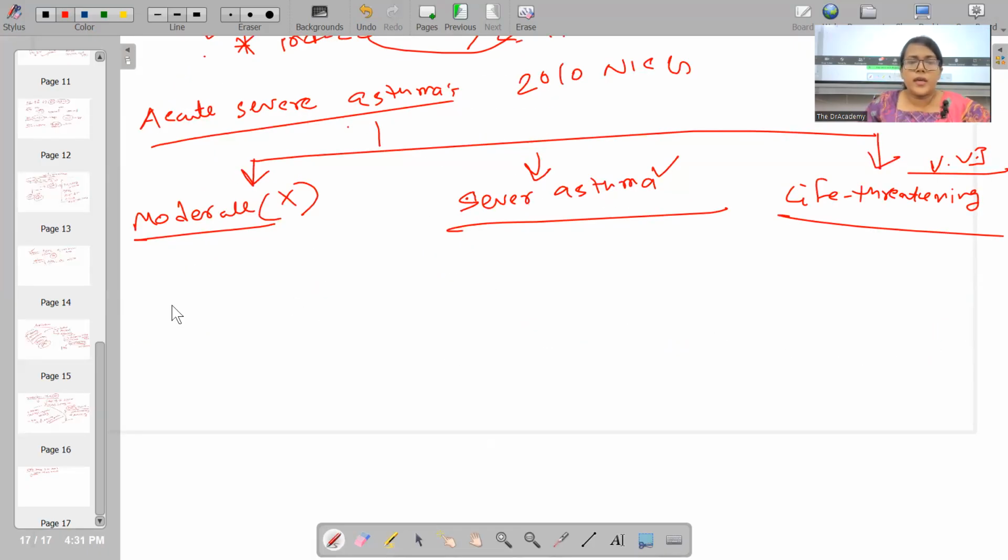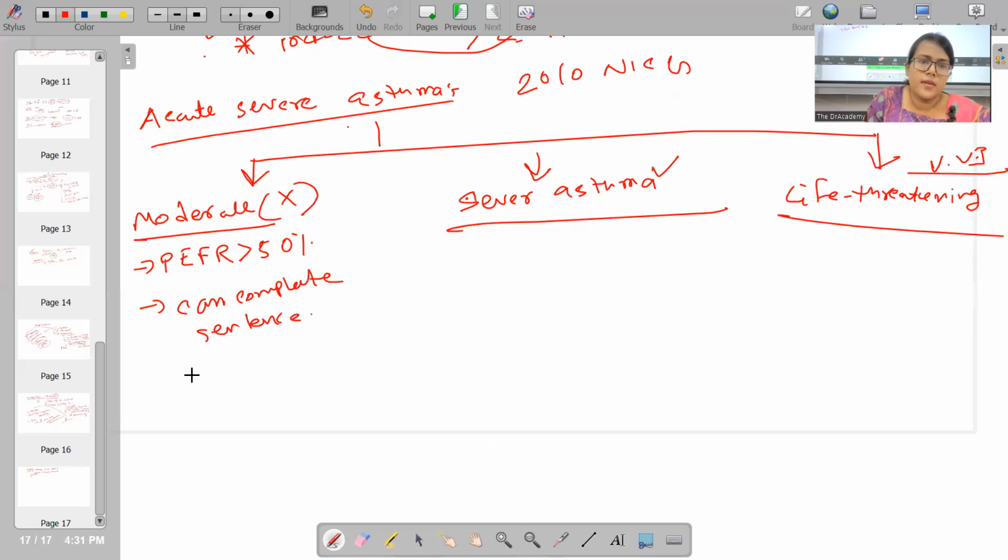All right, so in case of moderate asthma, the peak expiratory flow rate is more than 50%, and the patient can complete sentences. Respiratory rate is less than 25 breaths per minute, and heart rate or pulse is less than 110 beats per minute.